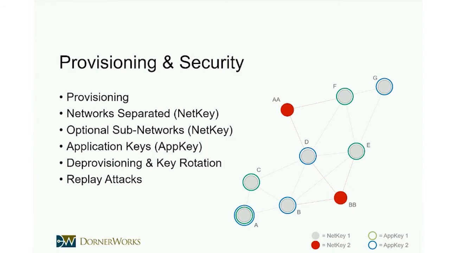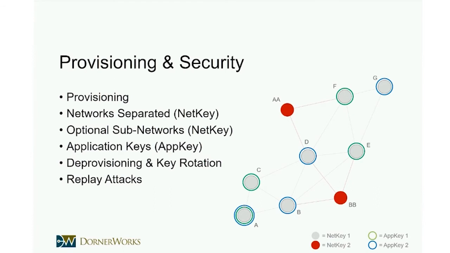Speaking of the deprovisioning process, it's important to note that Bluetooth Mesh has a key rotation built in. What that means is that when you take your light switch and throw it in the trash, somebody isn't going to be able to take your light switch and get on your network.